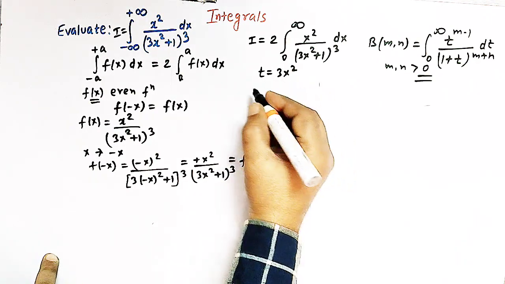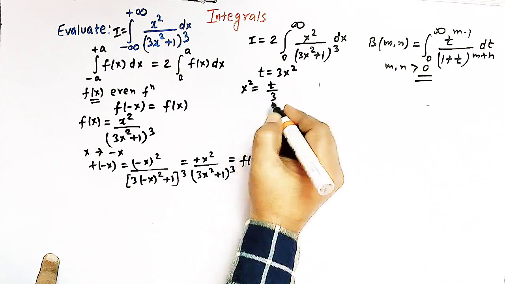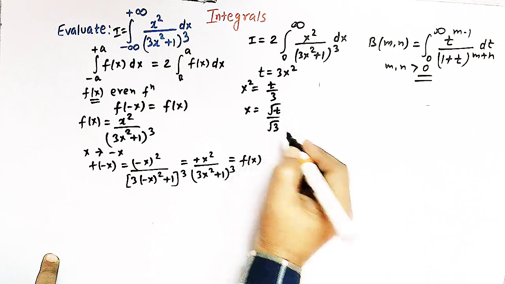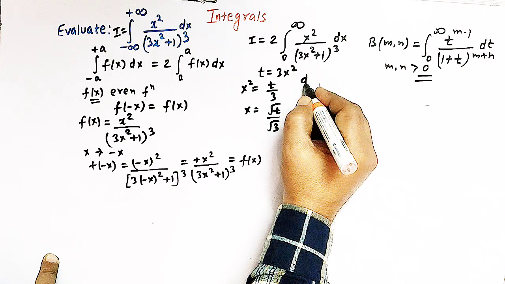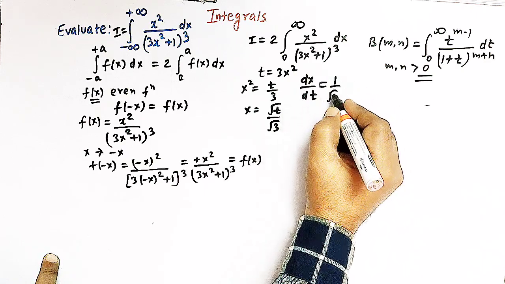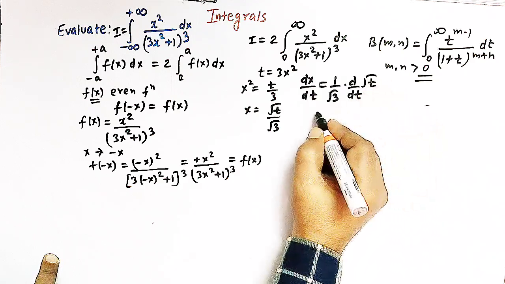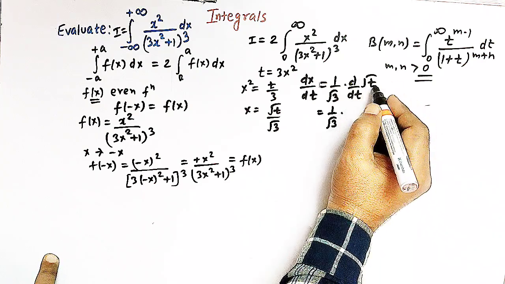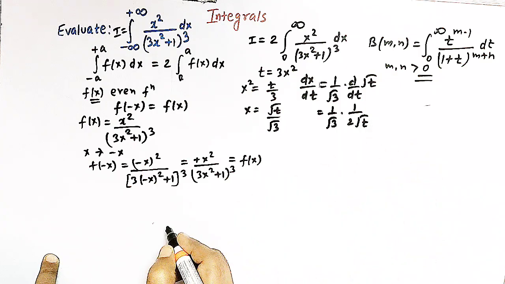So now we can write x square is equal to t over 3. So x is square root of t over square root of 3. So let us differentiate x with respect to t. So dx over dt is equal to 1 over root 3 times the derivative of square root of t, which with respect to t is 1 over 2 times square root of t.